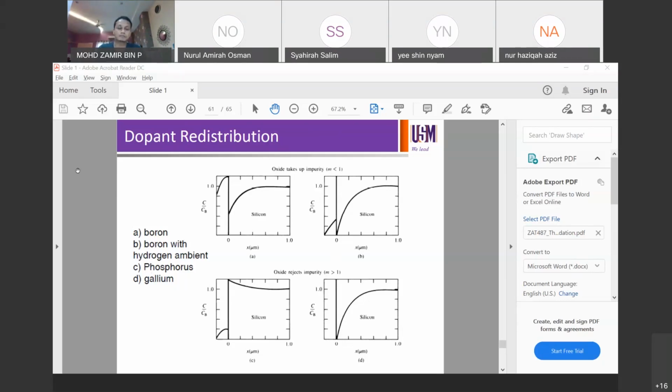Okay, Shaira, is it right? Confused with the graph. Okay.